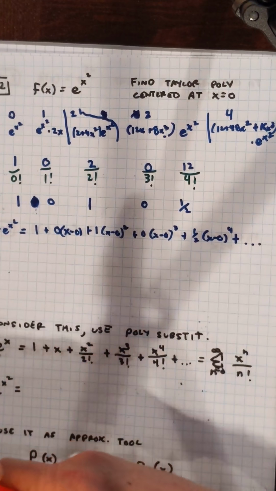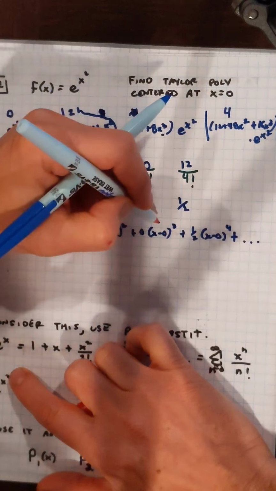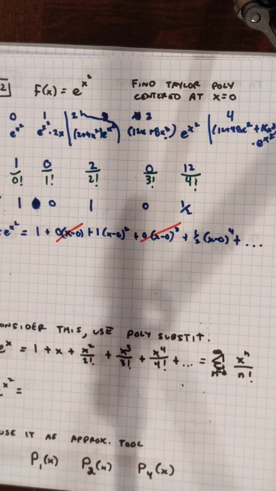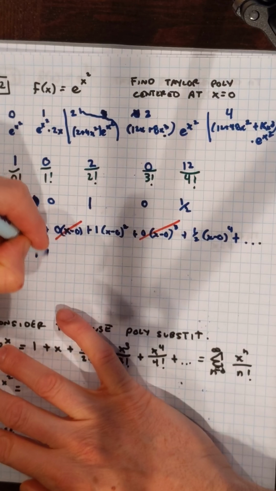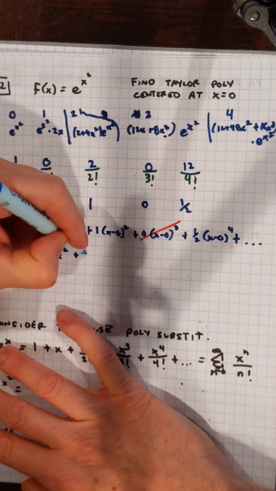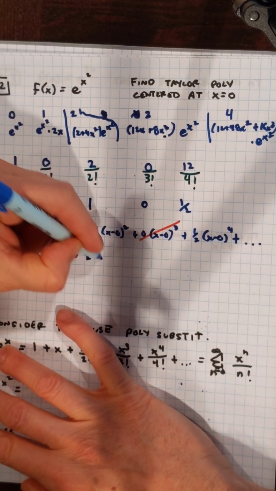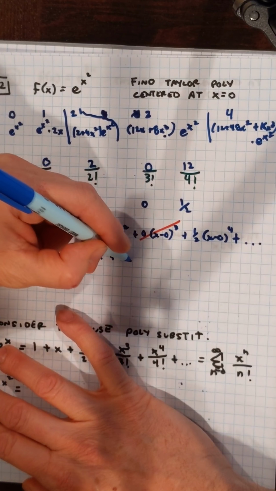Obviously, you can see that I've got these fat zeros in here that I don't really want to have in here. So let's get rid of those. So this equals 1 plus x squared plus 1/2 x to the fourth plus dot dot dot.